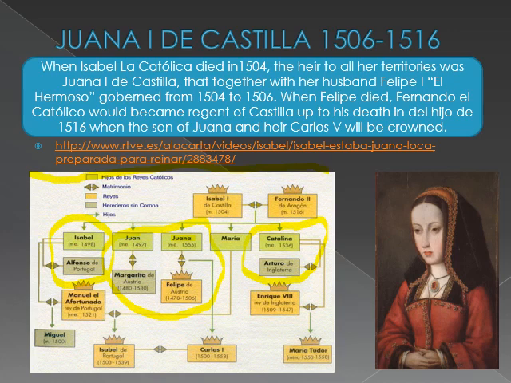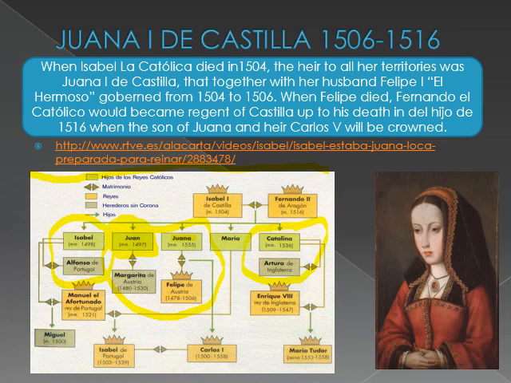Well, the most important is that we had a son, Juan. Juan was going to be the main heir for the Catholic monarchs' territories, but unfortunately he died very young, just six months after he married Margarita de Austria.